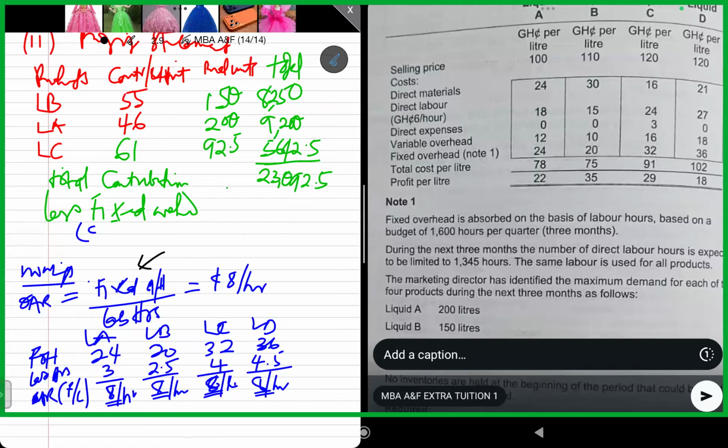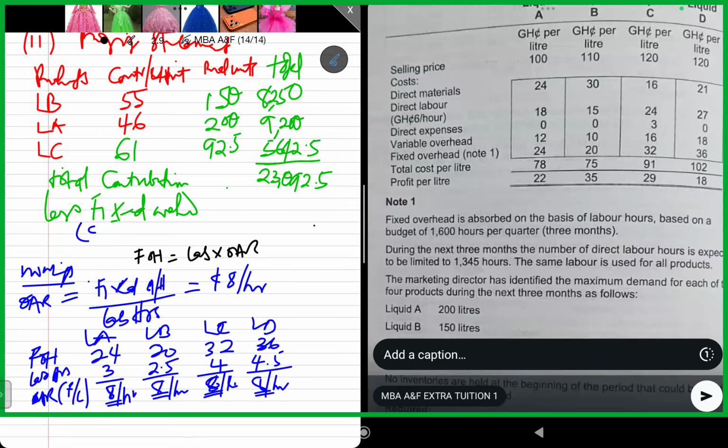We'll multiply the 8 cedis per hour by the labor hours. No, hold on. Look at the OAR formula. If I want to make fixed overhead the subject, what will be the formula? Finding fixed overhead, you multiply the labor hours by the OAR. Please pay attention. This is formula work. So if you want to find fixed overhead, it's going to be the labor hours times the OAR.